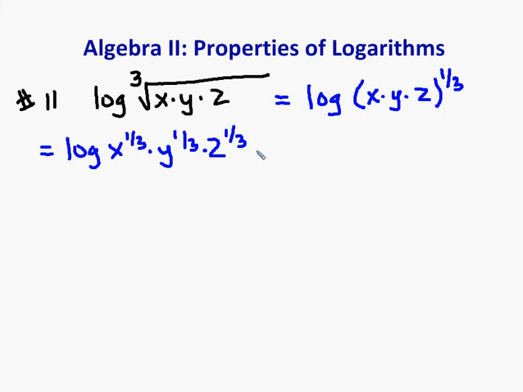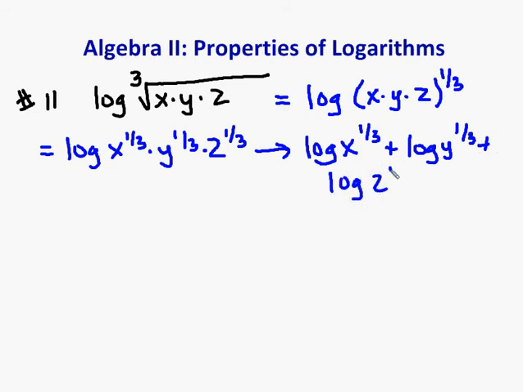Now using my product property of logs, I can rewrite this now as log of x to the 1/3 plus a log of y to the 1/3 plus the log of z to the 1/3.